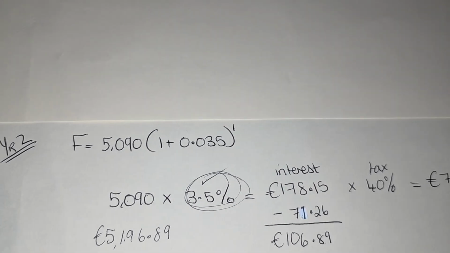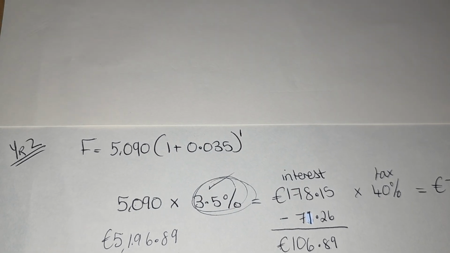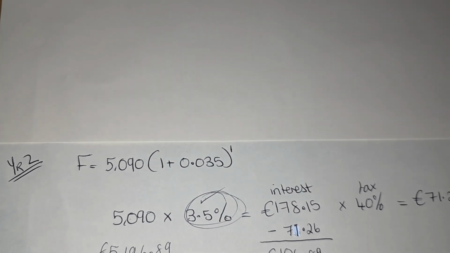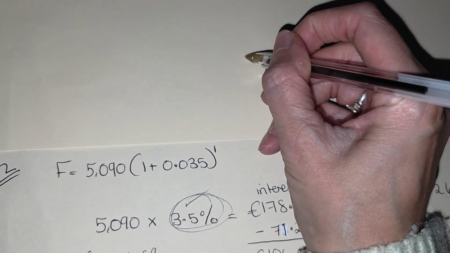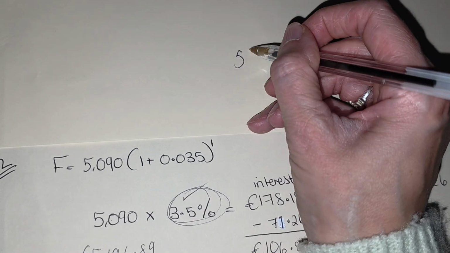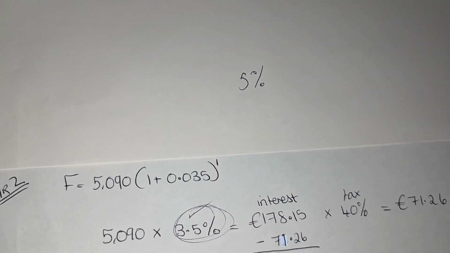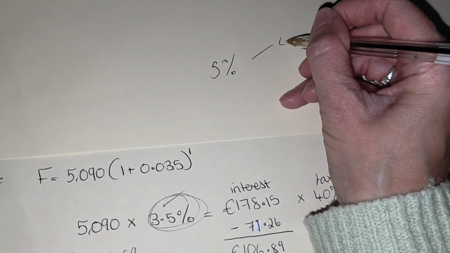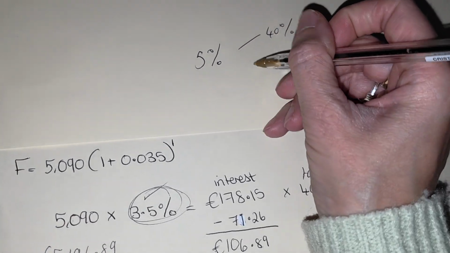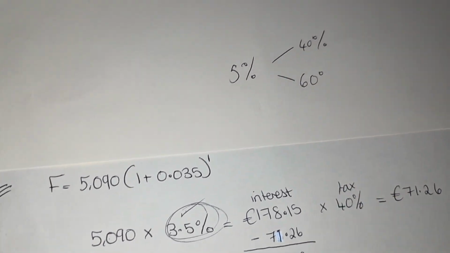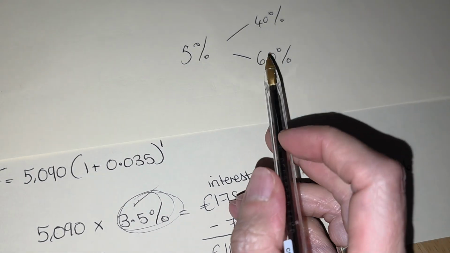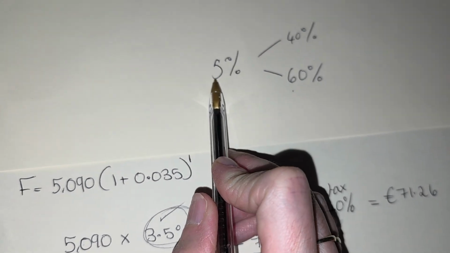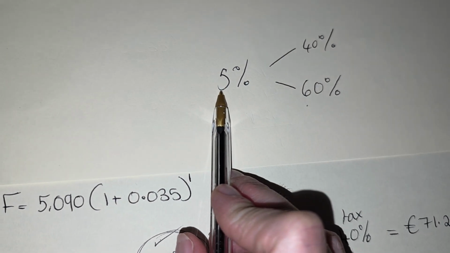You could do it another way, all right? If you know what the interest rate is, I'll just give an example. If you know the interest rate for any particular year was 5%, but the government is going to tax 40% of that, so 40% goes to the government, you'll get to keep the other 60% of that figure. You could just get 60% of the interest rate, and that would give you the interest rate after tax.